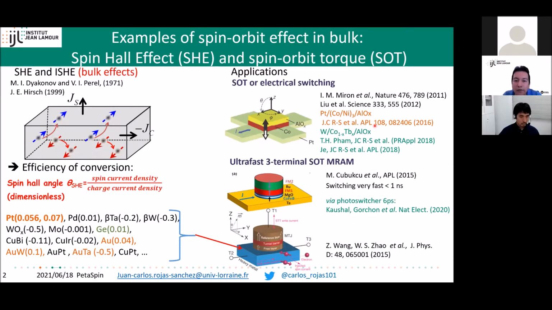And it turned out that the switching with the electrical current or charge current is quite fast. So this is also very attractive for application. It's below 1 nanosecond. And recently, in our team here at the Institut Jean Lamour in Nancy, in a project led by Jon Gorchon, we have shown that we can even, using a photo switch, get the switching in just a few picoseconds.